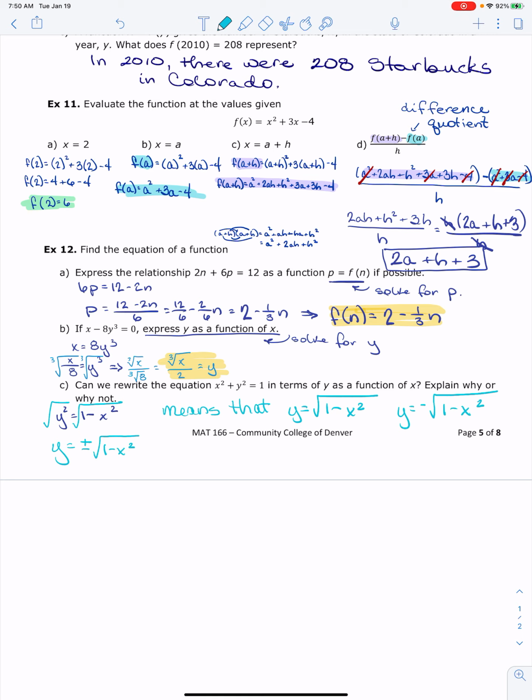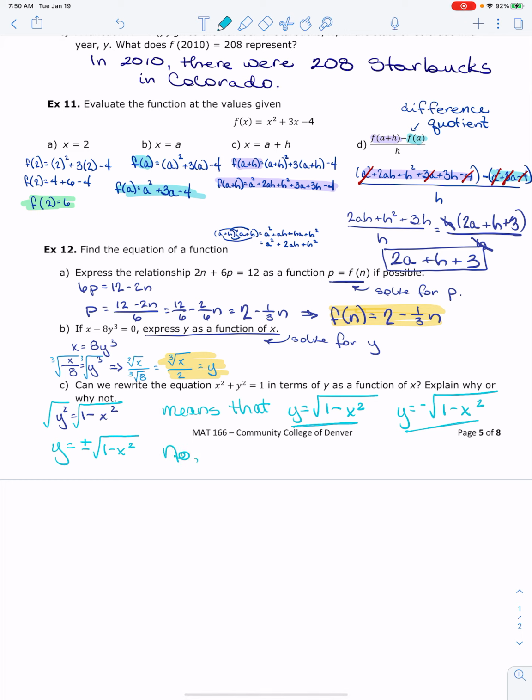But look at what happens if I use x equals 0.5 in both places, I am going to get 2 separate y's. In this first one, I'm going to get the positive y. In the second one, I'm going to get the negative y, and that is a problem.